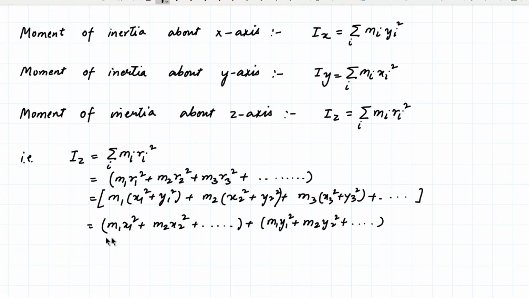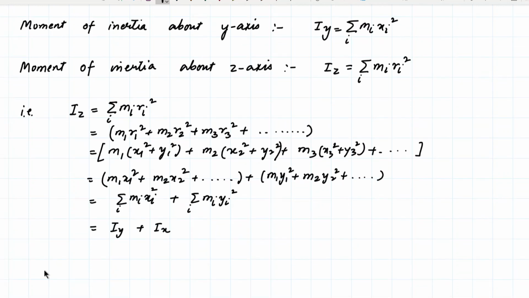The first term is nothing but the summation over i of mi xi square, and the second term is the summation of mi yi square. So this is equal to Iy and this is equal to Ix. So finally we get Iz is equal to Ix plus Iy.